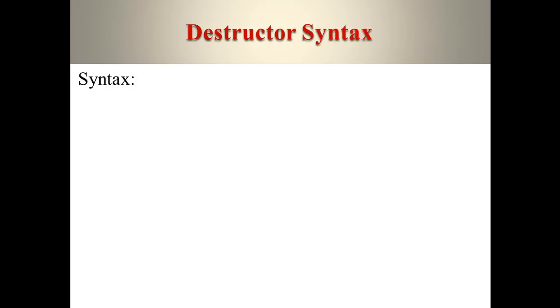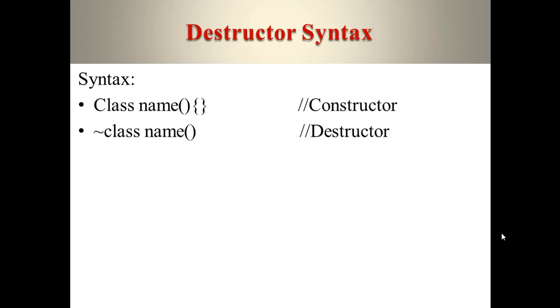Let's see the syntax of a destructor. The syntax of a destructor is very simple, the same as the constructor. We created the constructor by using the class name. When we use the class name in the class, followed by parentheses and curly braces, it means it is a constructor. In the curly braces, we define the body of the constructor, in which we initialize and define some functionality.